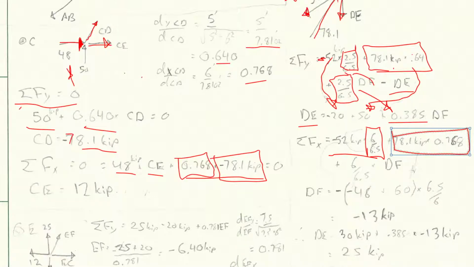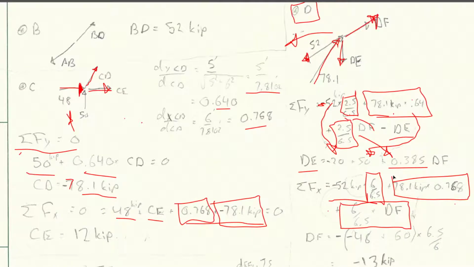Anyhow, so got that, and then we also have the portion from DF. So again, it's got the same angle here as BD, so its unit vector component is going to be the same as well, and its direction.